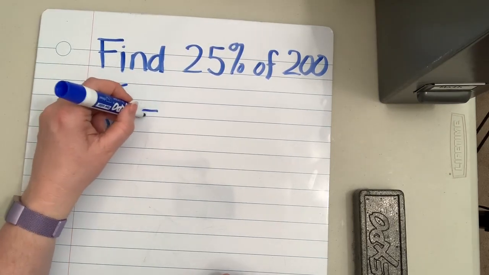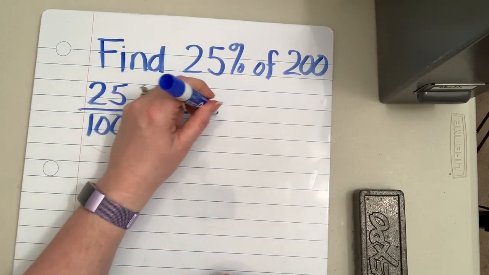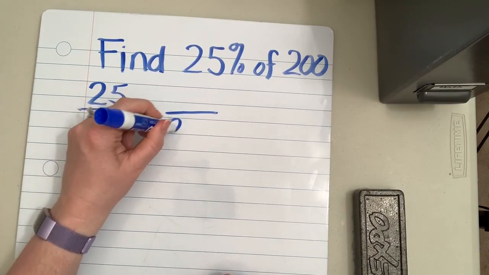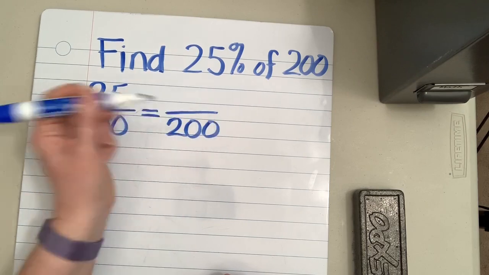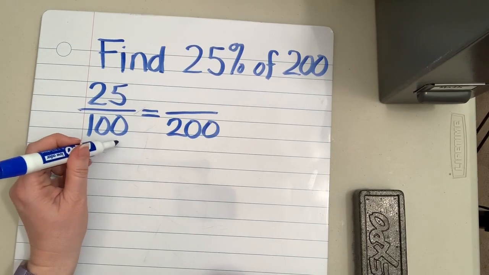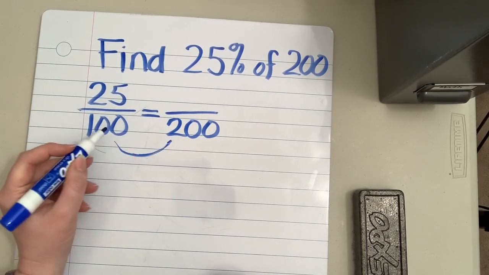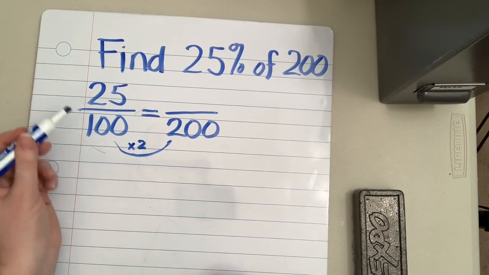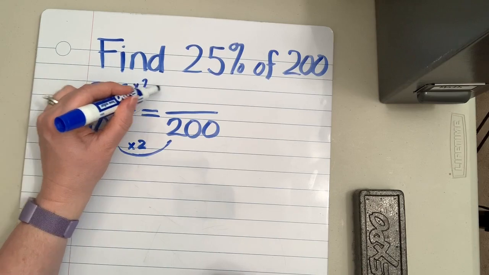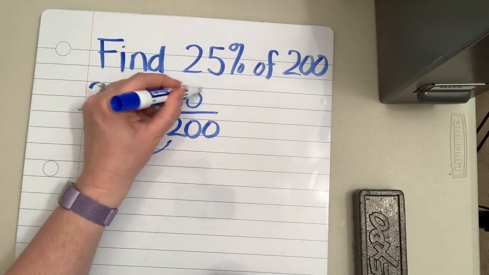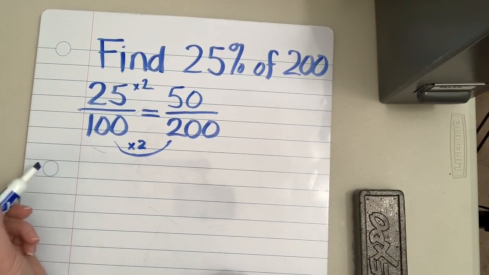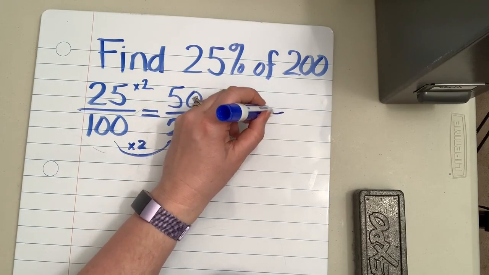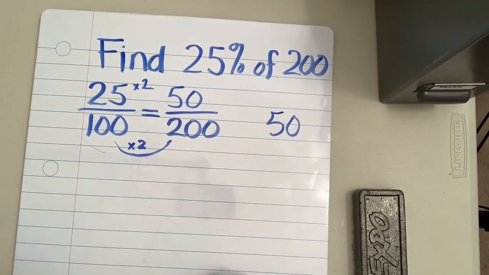But in this case, we're trying to find out what the 25% of 200 is. So we put the 200 on the bottom in the numerator spot, and we try and figure it out like this. 100 times what equals 200? So do the same thing to the top. So 25% of 200 is 50, as you can see here.